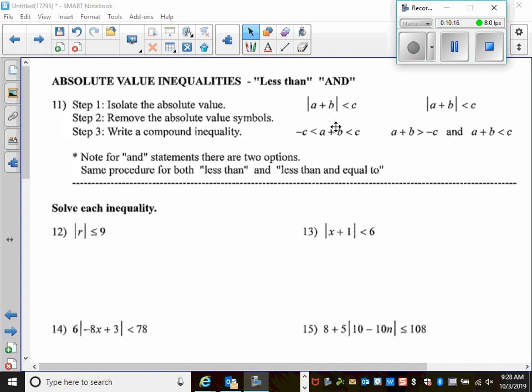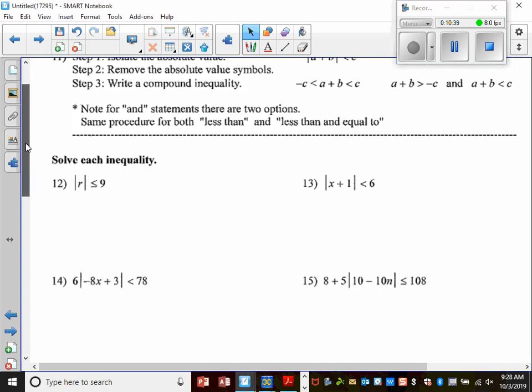So sometimes you'll see the word and like this, and sometimes you will not. For compound inequalities, because these are going to end up turning into compound inequalities, you can write this as an and statement where you don't see the word. Some students like to write it this way. Some students like to write it this way. So I'm going to show you both options.